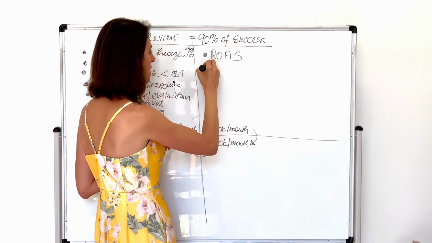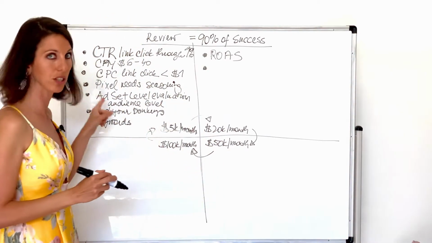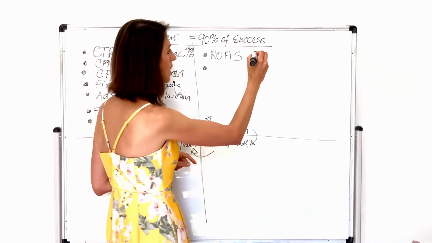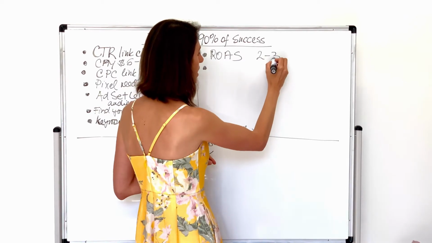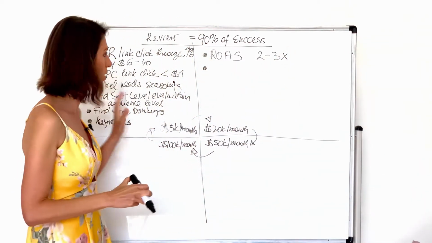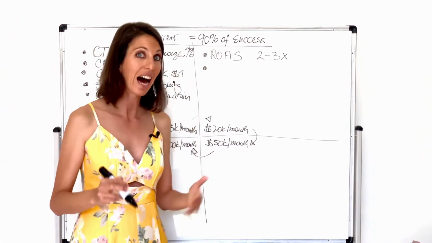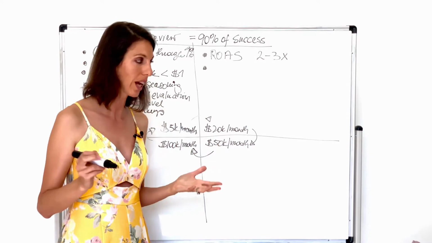Whatever it was in quadrant one, we're looking at increasing that by 2 to 3 times, and how we are going to do that.